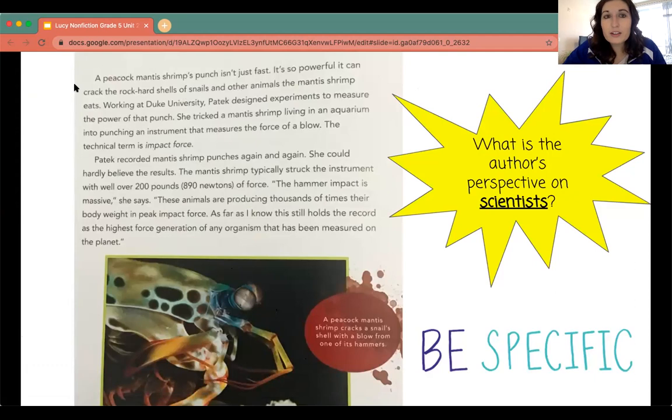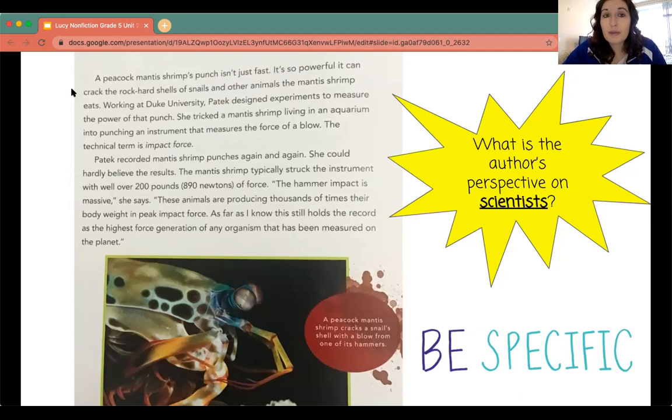A peacock mantis shrimp's punch isn't just fast, it's so powerful it can crack the rock hard shells of snails and other animals the mantis shrimp eats. Working at Duke University, Paddock designed experiments to measure the power of that punch. She tricked a mantis shrimp living in an aquarium into punching an instrument that measures the force of a blow. The technical term is impact force.